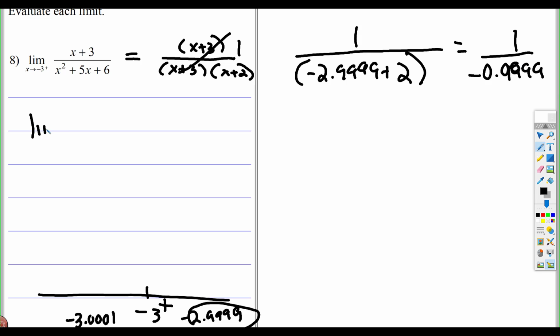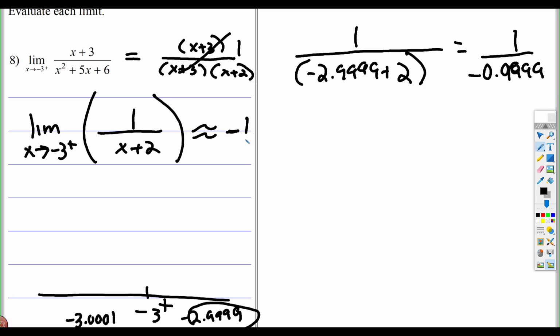And then you can rewrite this as the limit as x approaches negative 3 from the right, and we ended up with 1 over x plus 2. And then that's going to approximate negative 1. Or you don't even need to approximate. That's where we're headed. From the left or from the right side, we're headed towards negative 1. All right, that's it for this one.